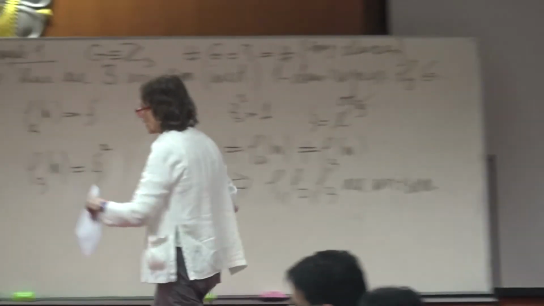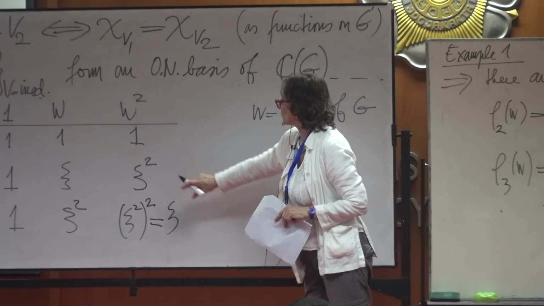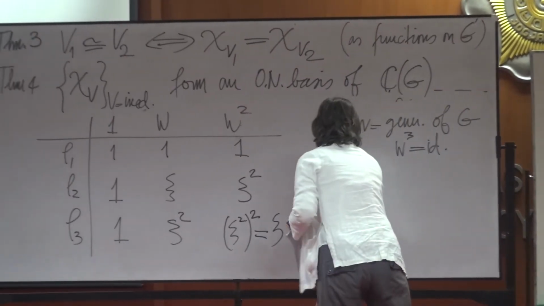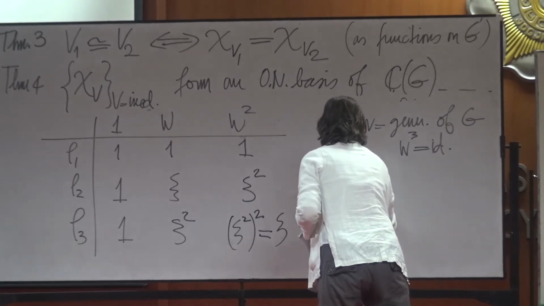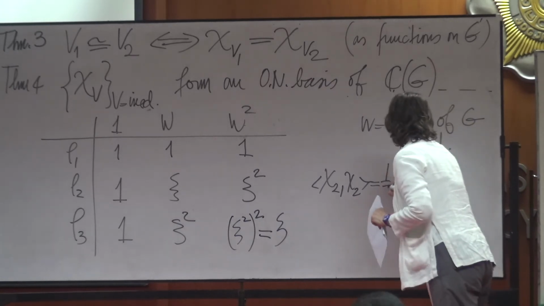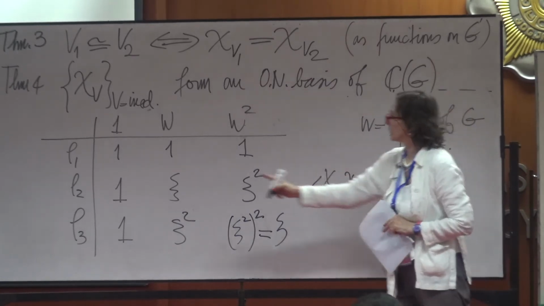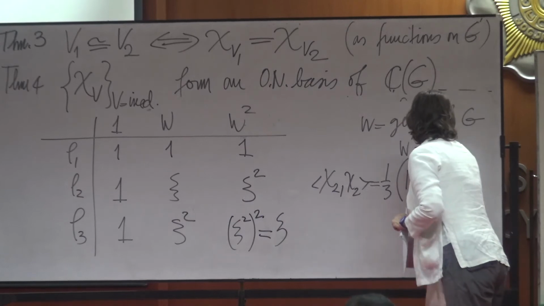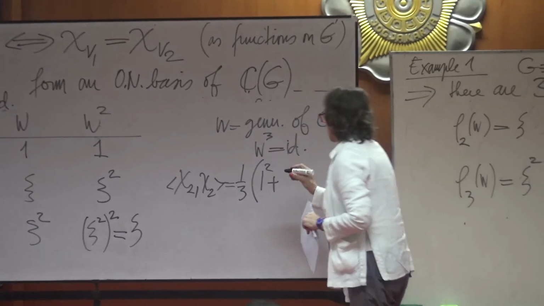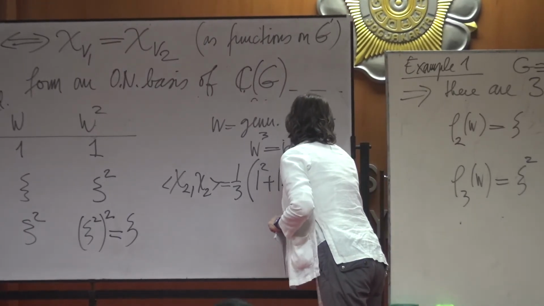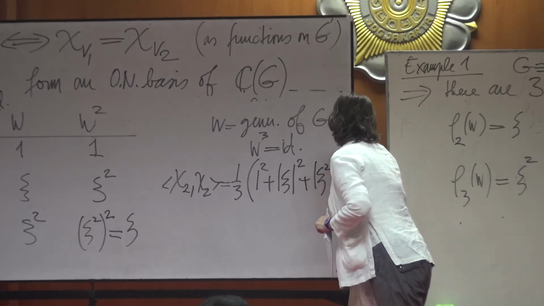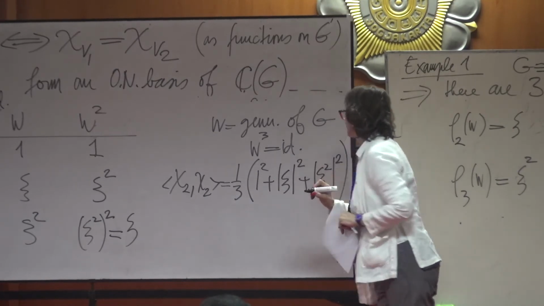For example, if I compute the norm of this character, what do I get? I get the inner product of psi 2 against psi 2, it is 1 over 3 times 1 squared plus the absolute value of psi squared plus the absolute value of the square of psi squared.